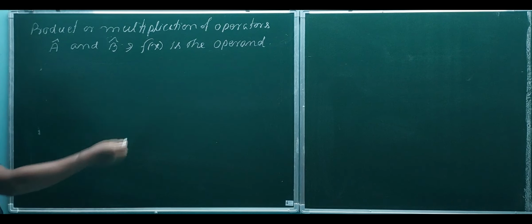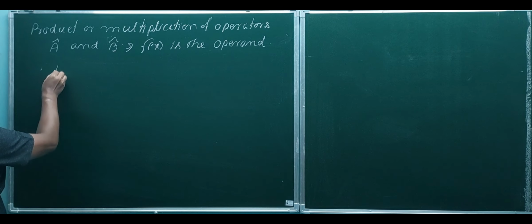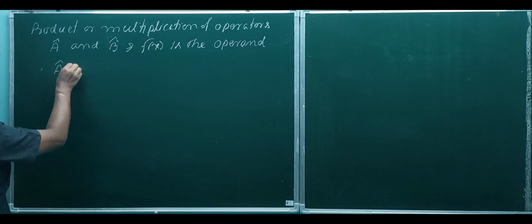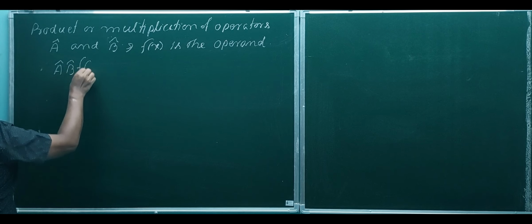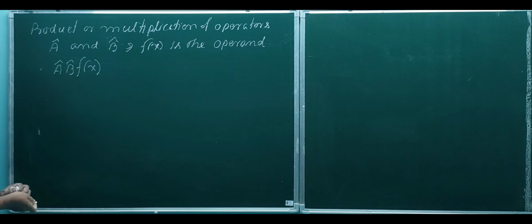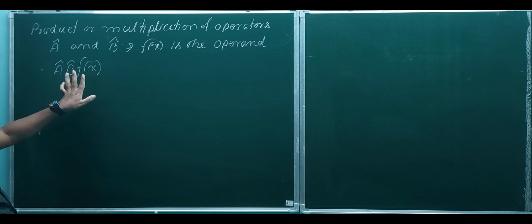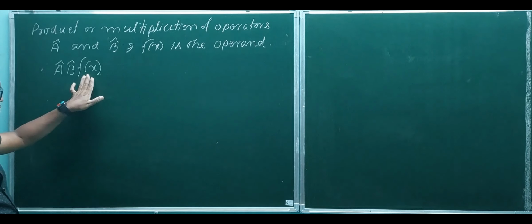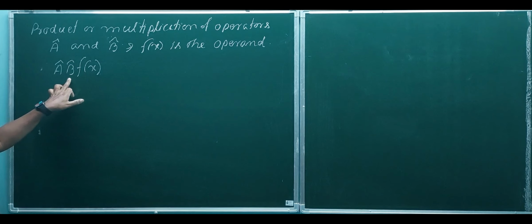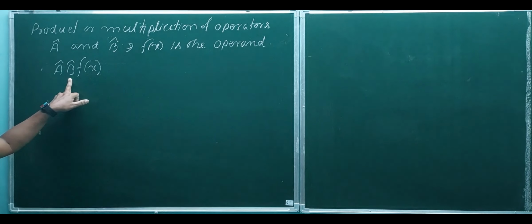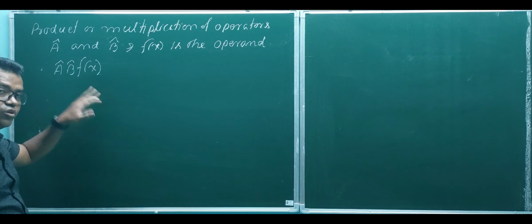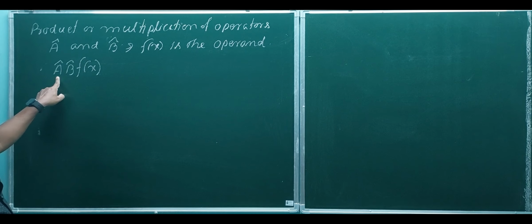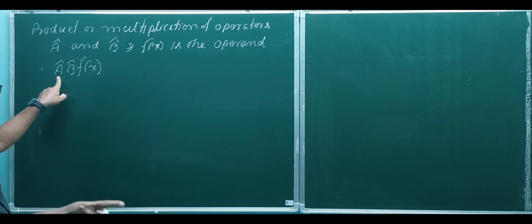Therefore, multiplication of operator is defined as A cap B cap f(x). This means the function f(x) will first be operated by B cap and give a result, and that result will then be operated by A cap. That is the consecutive operation.